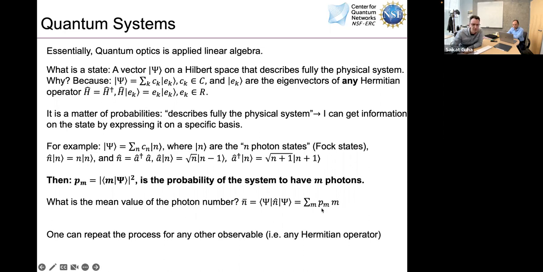And you can repeat the same process for other kinds of Hermitian operators and calculate the mean value of the canonical position, the mean value of the canonical momentum. You can calculate variances. For example, what is the variance of the photon number, the variance of the canonical position, the canonical momentum, and so on and so forth.